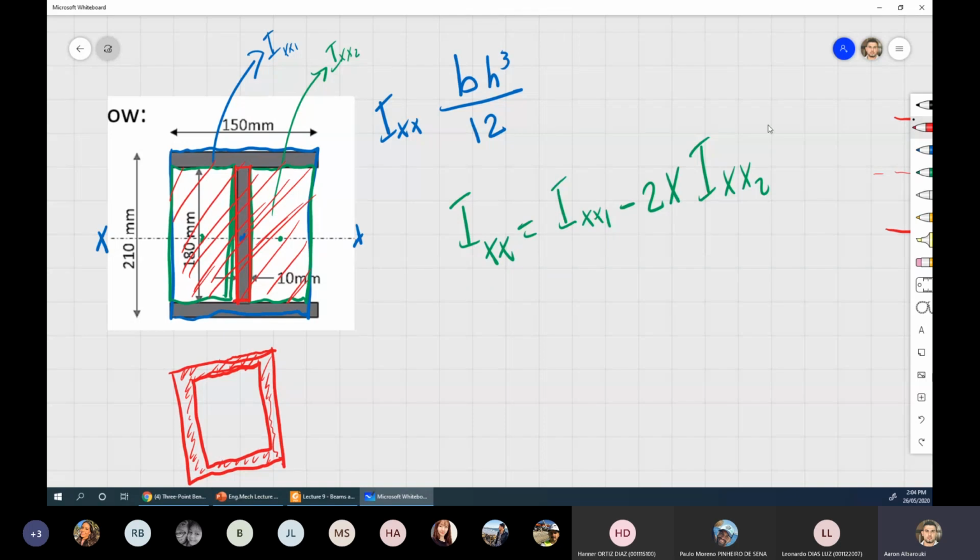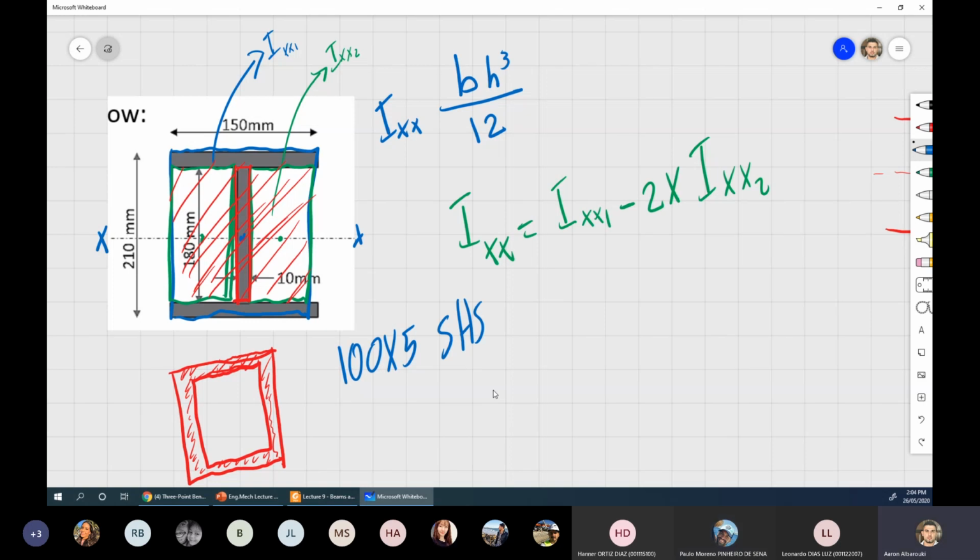Guys, I need to ask you this. If I say 100 by 5 SHS, what does that mean? Will anyone be able to tell me? Square. 100 base, square.